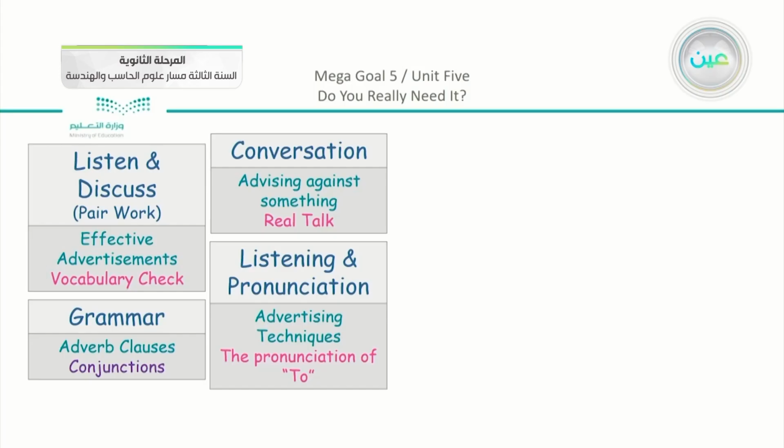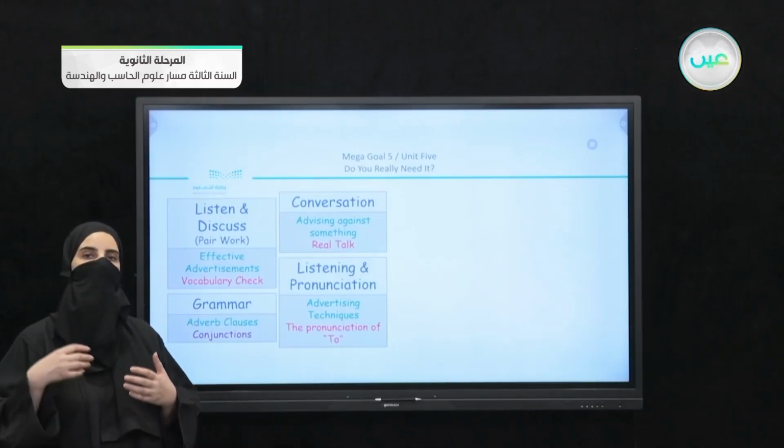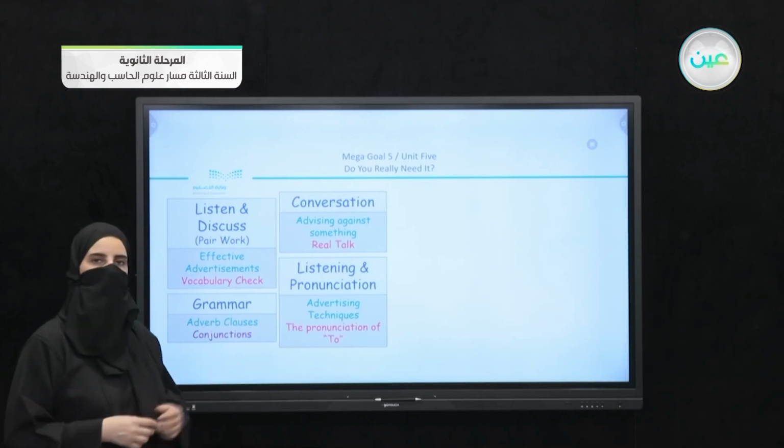After that, in our listening and pronunciation lesson, we listened to different advertising techniques and we matched these different techniques with the advertisements that we listened to. After that, in the pronunciation lesson, we learned different ways to pronounce the word to.